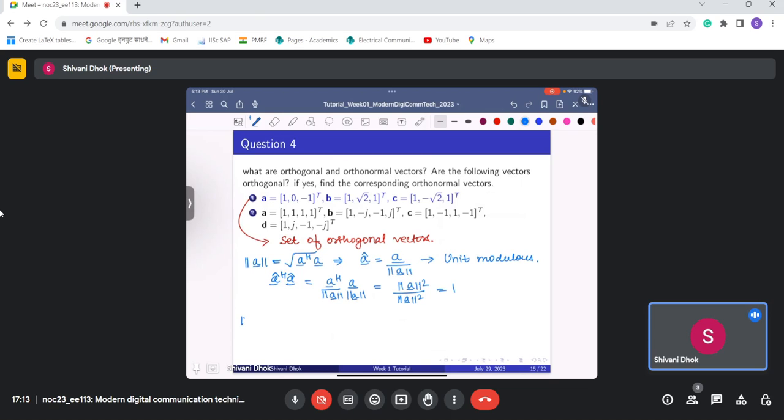So let us first calculate norm a square, which is a bar Hermitian a bar, which is 1 0 minus 1 into 1 0 minus 1, equal to 1 plus 1, which is 2. Similarly, norm b square is b bar Hermitian b, which is 1 root 2 1 into 1 root 2 1, equal to 1 plus 2 plus 1, which is 4.